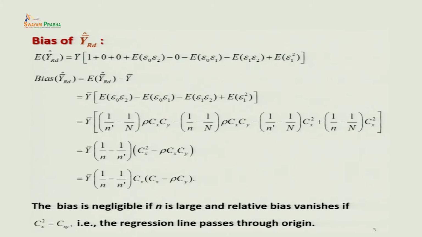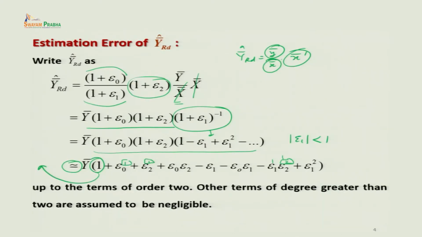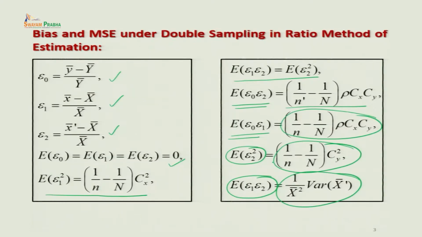Now, in case you try to find the expected value of y bar hat RD, you can see you have already found the expected values of epsilon 0, epsilon 2, and epsilon 1, which are 0. And then you have already obtained the expected values of epsilon 0 epsilon 2, epsilon 0 epsilon 1, epsilon 1 square and epsilon 1 epsilon 2, which you can see here.